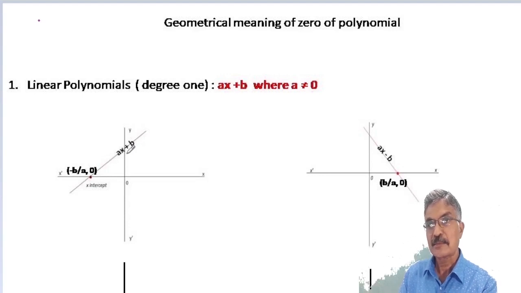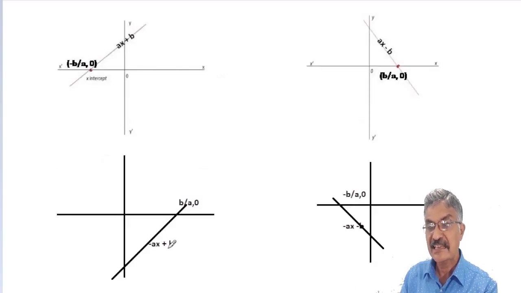Again, sometimes the polynomial may come in this way, ax - b, where the constant term may be negative. Then the zero will be on the positive side of the x-axis, that is (b/a, 0). This is the zero of the polynomial. Sometimes the polynomial may be in this way, -ax + b. The coefficient of x may be negative. Then the line may look like this, and it will meet the x-axis at (b/a, 0).